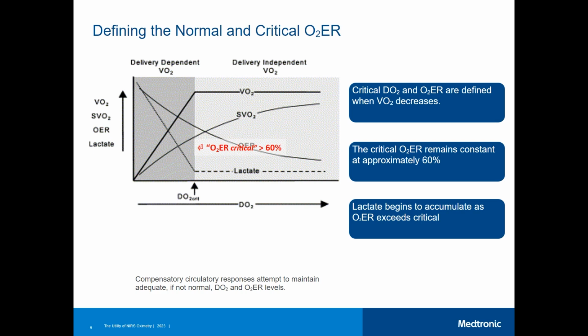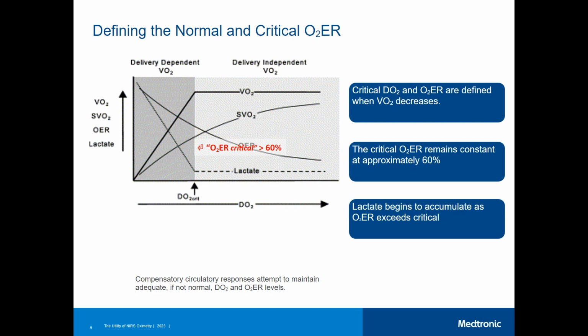For a given oxygen demand, a decrease in oxygen delivery determines the onset of tissue hypoxia or shock by demonstrating a decrease in oxygen consumption, with the emphasis on no change in oxygen demand. When this occurs, oxygen demand is greater than oxygen consumption. This defines the critical oxygen delivery value.